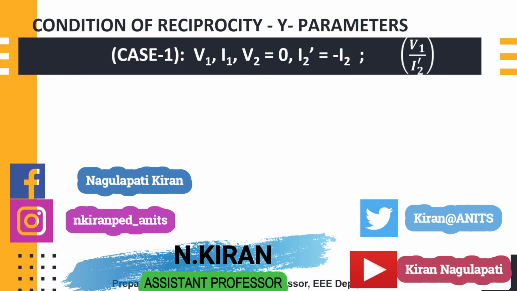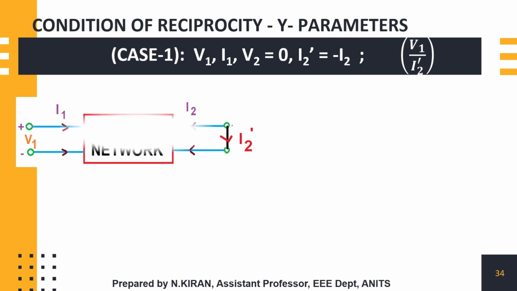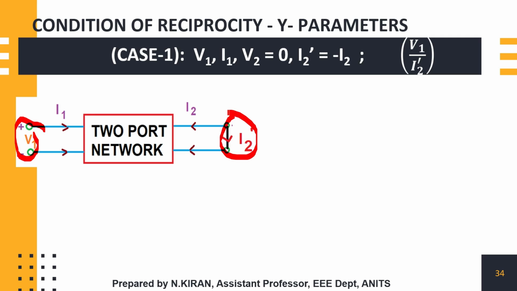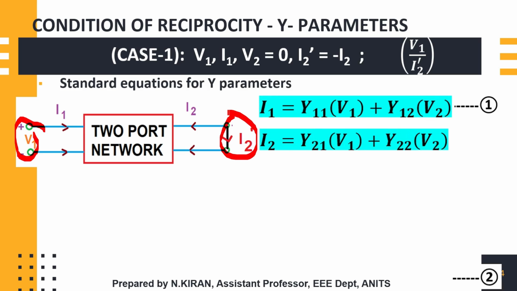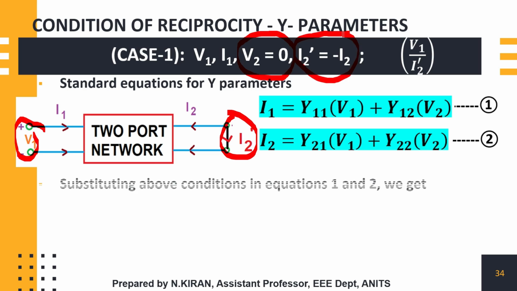So now for Y parameters. Here in the first case, similarly, I considered excitation in the input port and the response I have considered at the output port. The standard equations for Y parameters are as follows, which I consider as equation 1 and equation 2. Now I'll substitute these conditions, that is V2 is equal to 0 and I2 is equal to minus I2 dash, in both the equations.